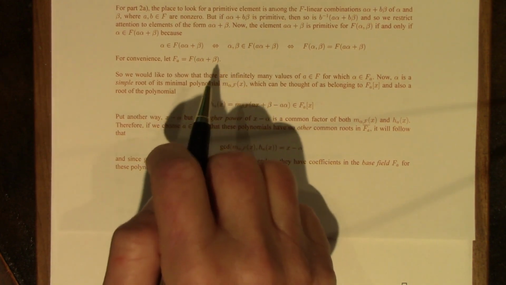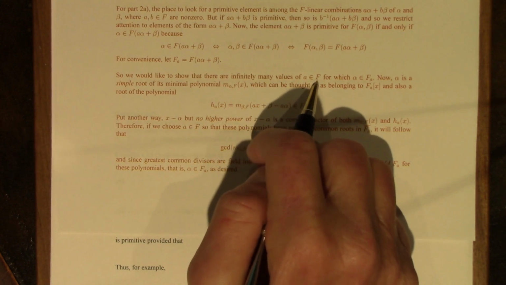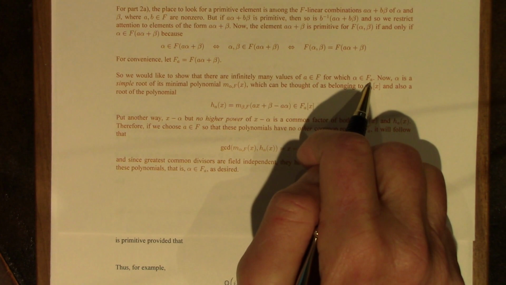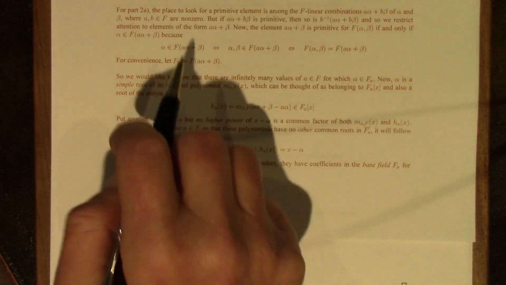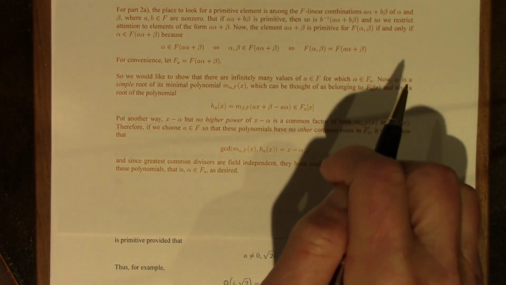So we would like to show that there are infinitely many values of little a in F for which alpha belongs to this field, each of which then would be a primitive element. Well, A alpha plus beta would be primitive.